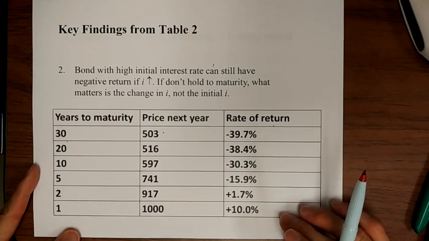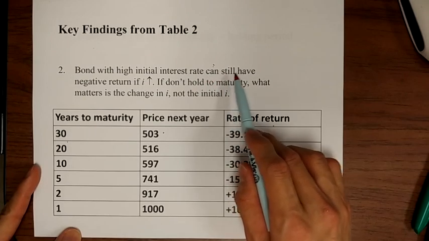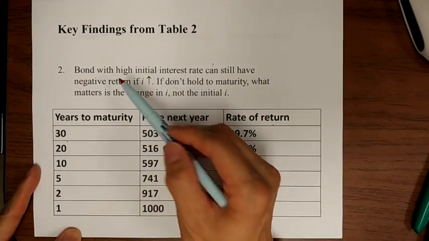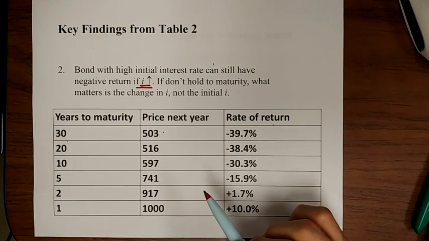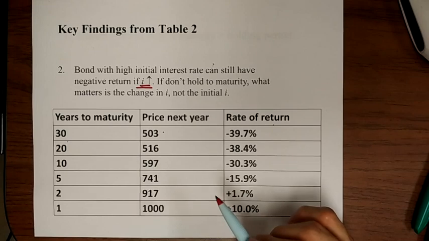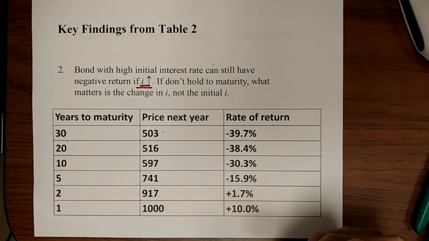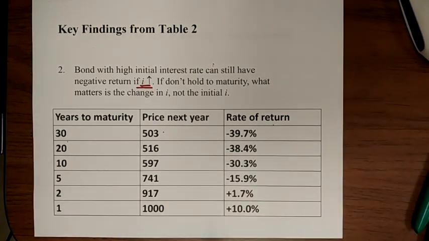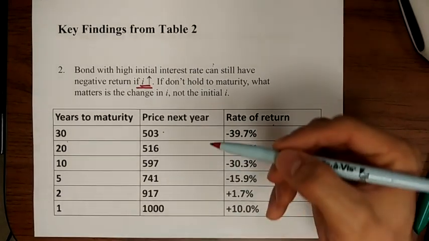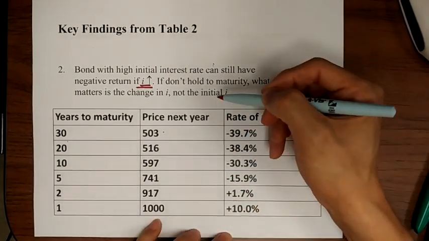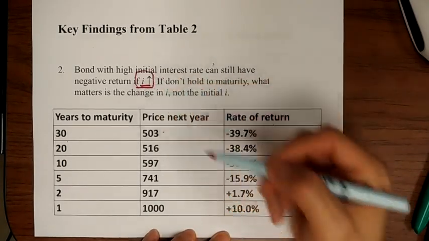Second key finding. Bond with higher initial interest rate can still have negative return if interest rate goes up. Therefore, if the market interest rate is 10%, that's very high, right? Does that mean you should buy the bond now? The answer is no. Your decision on buying a bond is not dependent on the current interest rate.